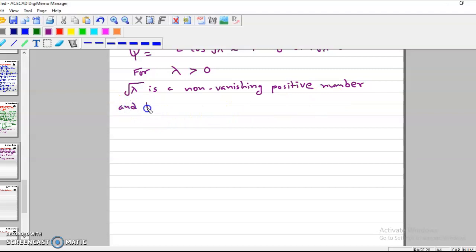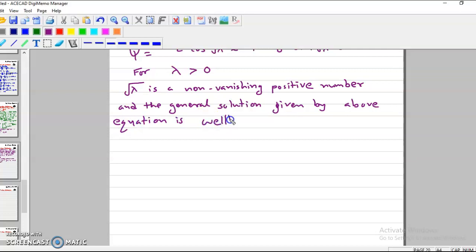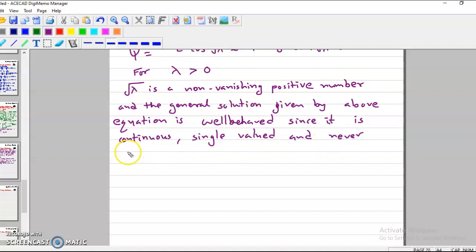And the general solution given by above equation is well behaved since it is continuous, single valued and never increases to infinity.